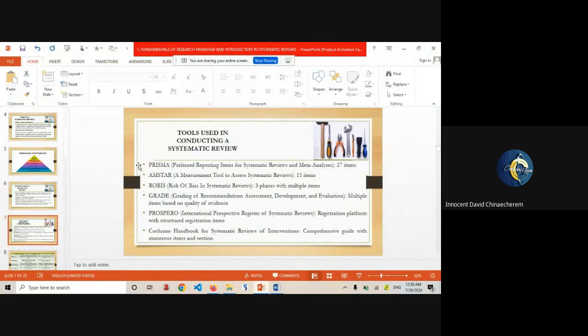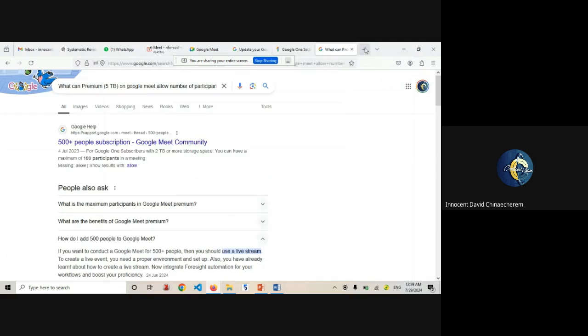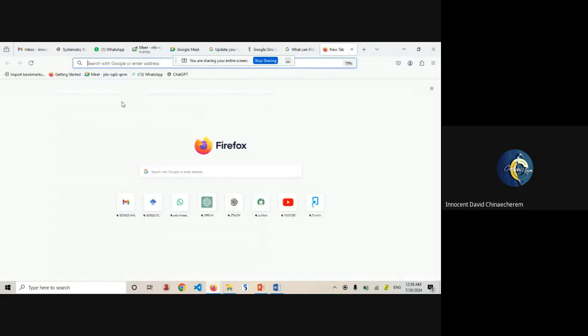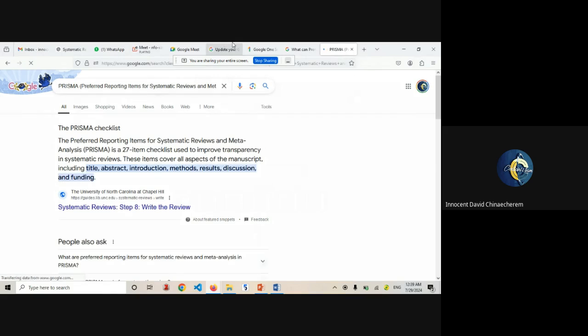We're not just going to talk about the theory. So I'm going to highlight this, right click, open here, and paste it, the PRISMA checklist. So this is it.